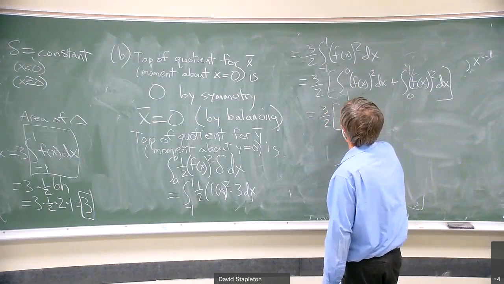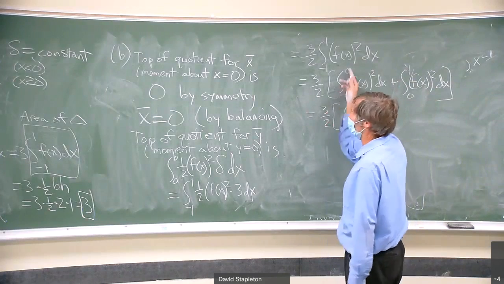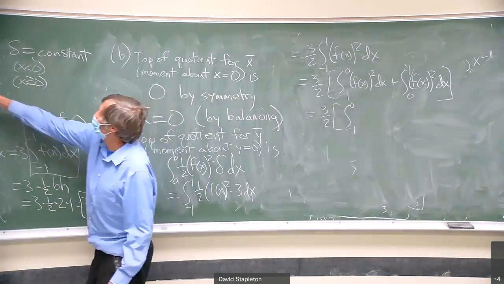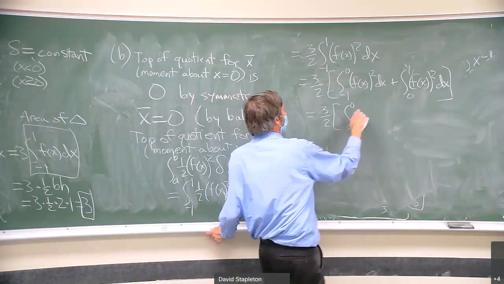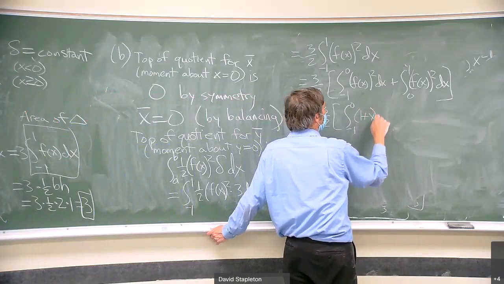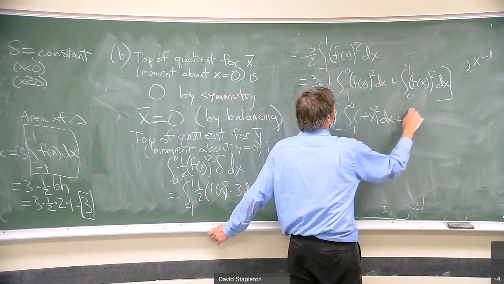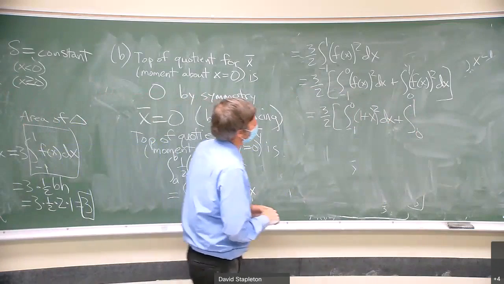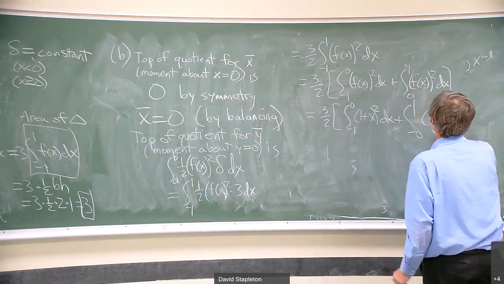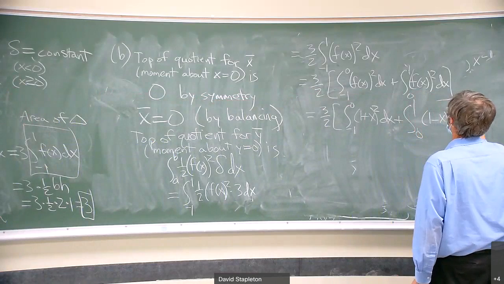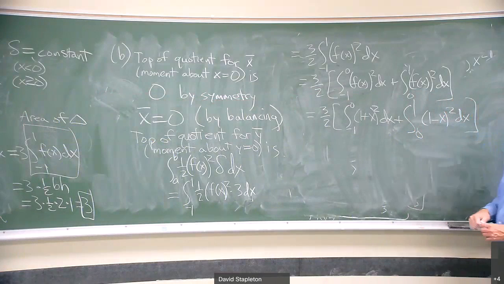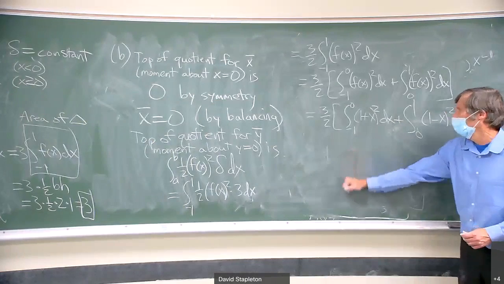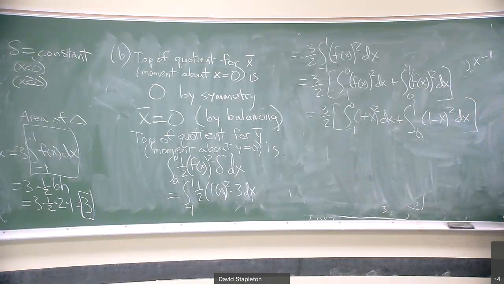Now I can do this, right? Because this is 3/2 an integral from -1 to 0. On the interval from -1 to 0, f of x is equal to 1 plus x. And on the interval from 0 to 1, f of x is equal to 1 minus x. So now I can compute this, break it up into two pieces. Now it is possible at this point to recognize that you're going to get the same moment of mass from the same.